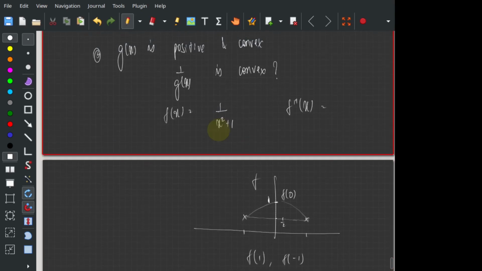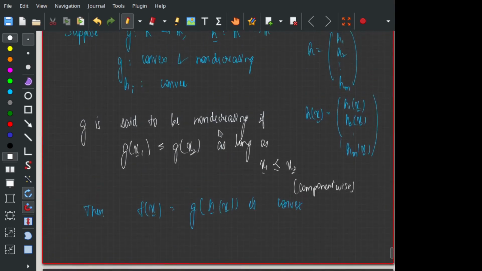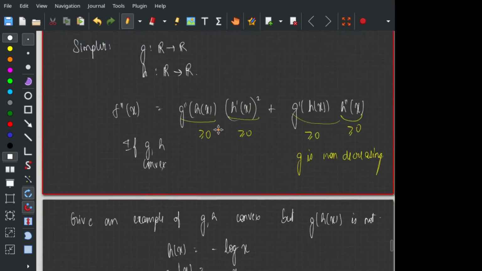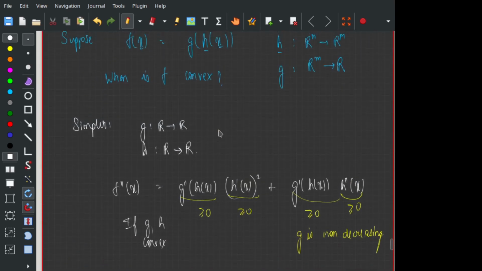But you can make similar statements for concave functions, right? So if we go back to the second derivative that we calculated over here, suppose that g and h are both concave, then when will f be concave?